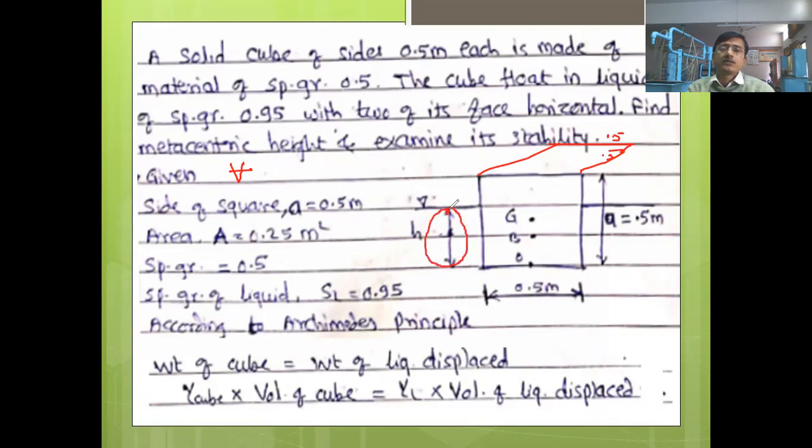When you get this value of h, you can find the value of this V. Is the depth of immersion given in the problem or not? No, it is not given.